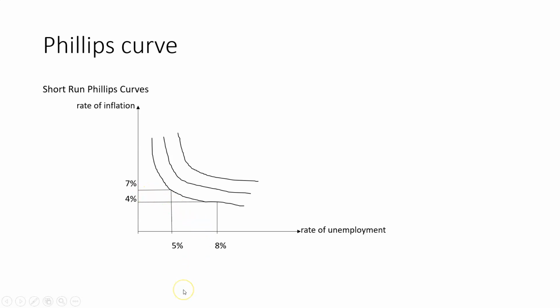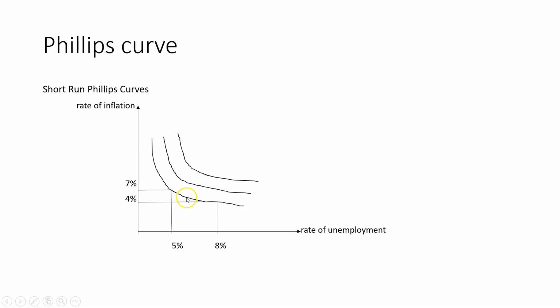And so when the government is trying to push down inflation, this moves in the opposite direction. If we want to contract the economy to lower inflation from 7% to 4%, we are going to move along this Phillips curve and move down from the 7% inflation and 5% unemployment.